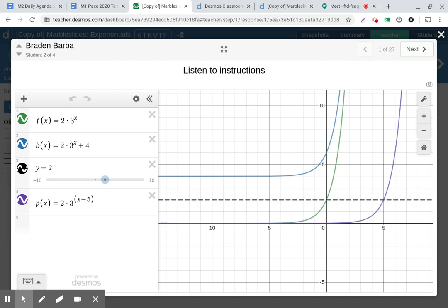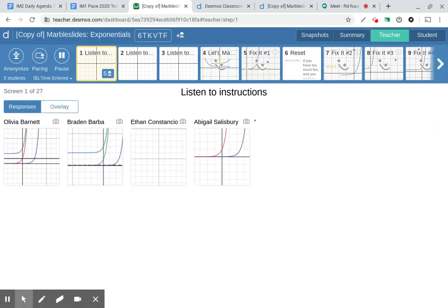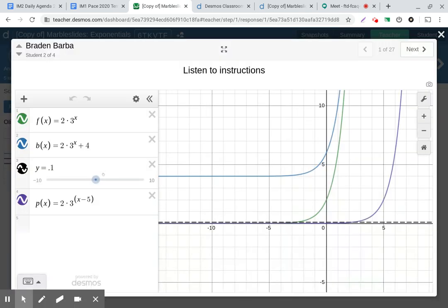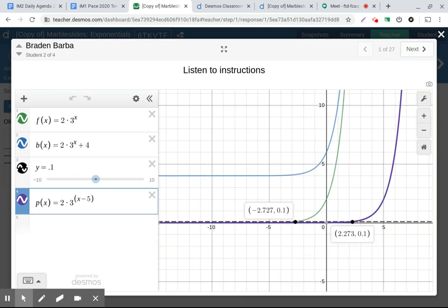You can change the y to 0.1 if you want, like something weird, right? 0.1. And then click on the intersection points. And that is exact. Yep, that is 5 units to the right. If you were to add those two numbers, that will add up to 5, the distance. Okay, you guys ready for the hard one?